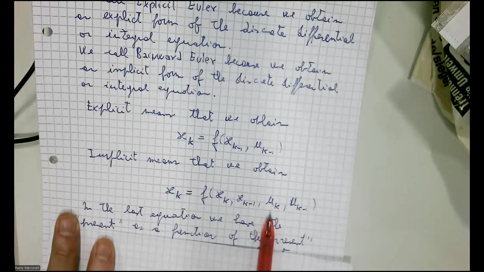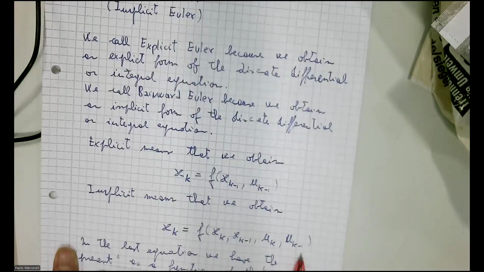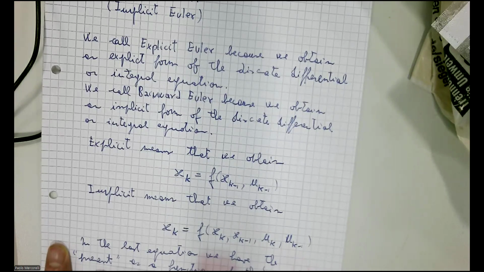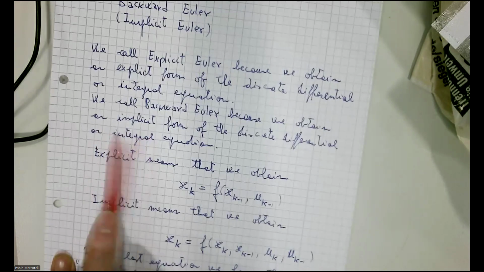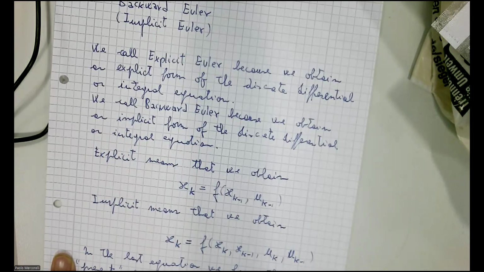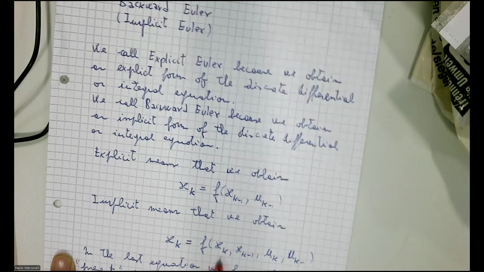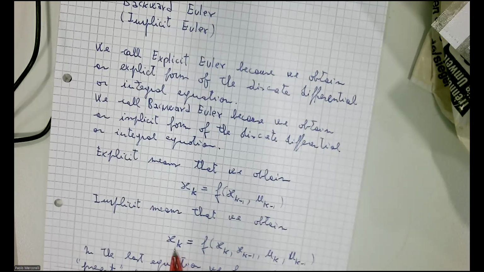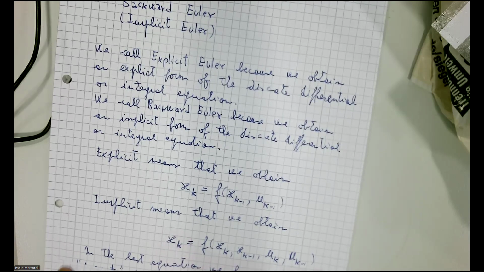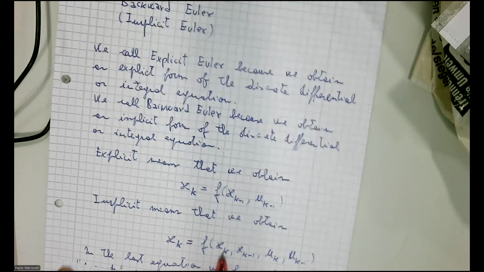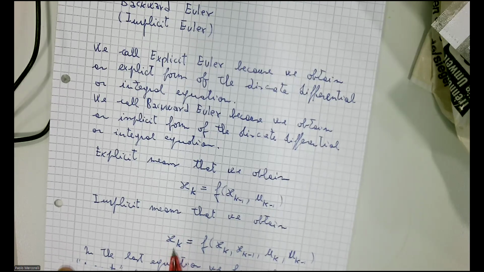Basically, I summarize here again: u of k, which was not present here, and u of k minus 1. But the critical point here, the critical element in this method, again backward Euler, which generates an implicit form of the differential equation, is exactly the presence of this here. Why that? Because to realize the dynamical model, or the model which reflects the presence as a function of the past, here is not possible, because x of k depends on x of k.